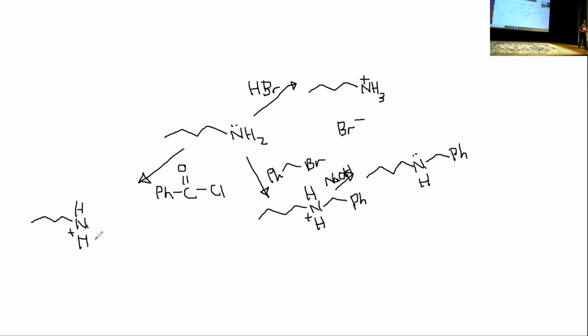You don't have to draw it exactly like that; there are many other correct ways to draw it. So I would expect you'd get that at first, and then that needs to be neutralized. If it were me, I'd use sodium bicarbonate. I'll just write neutralize here. OWL might just say neutralize, or they might give you a particular base. And that will remove the proton.